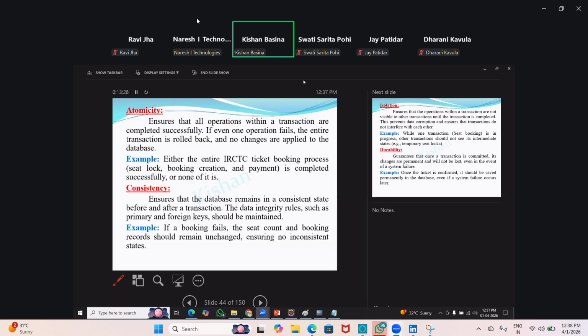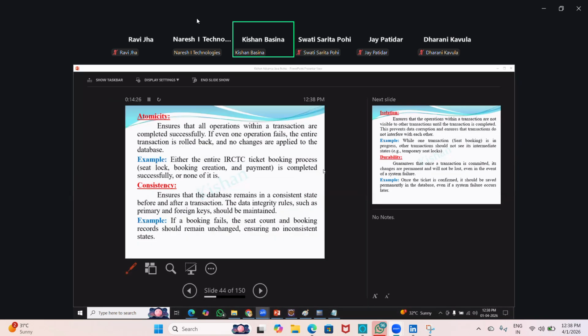It may be one line, two lines, three lines. I don't mind. It should be your own idea.